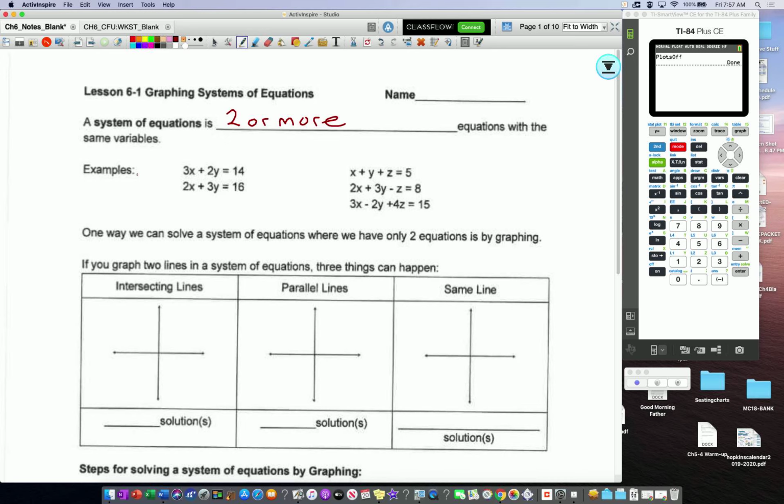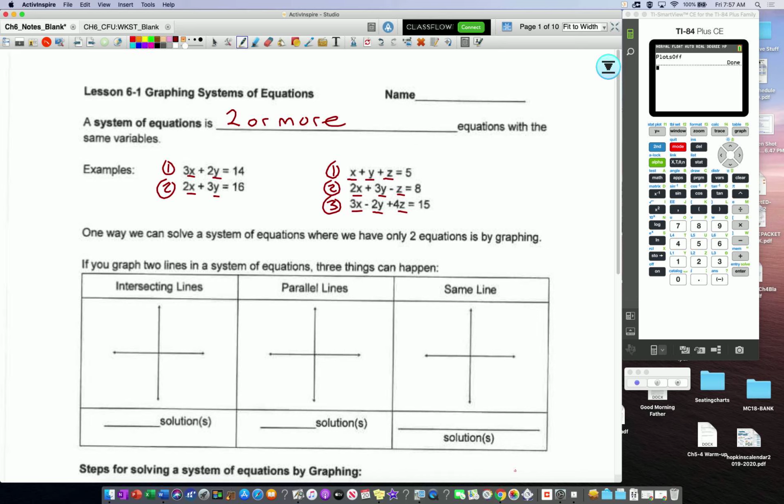So in the examples down here below, notice how I have two equations, and I have two unknowns, x, y. Here I have three equations, and I have three unknowns, x, y, z.